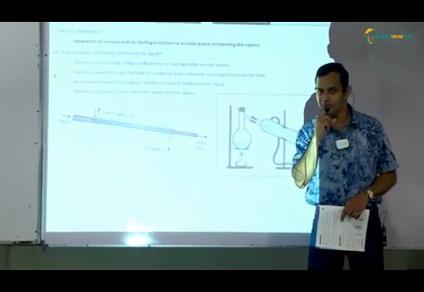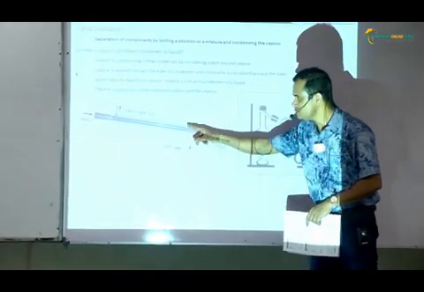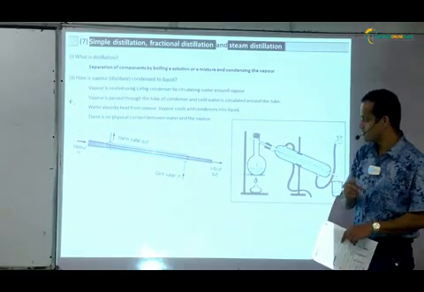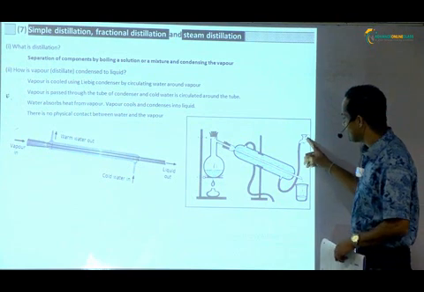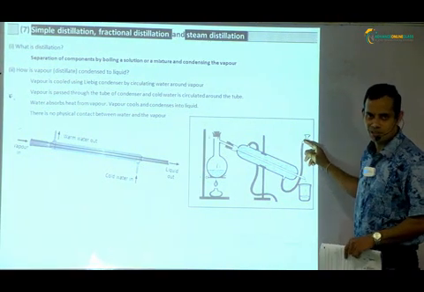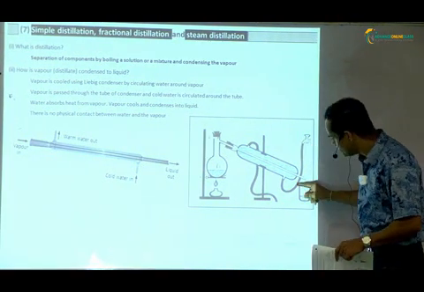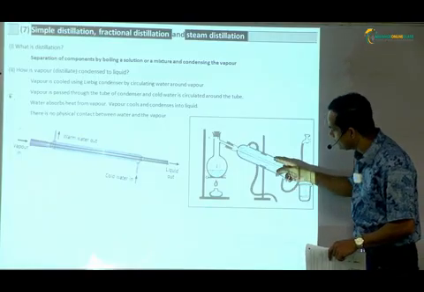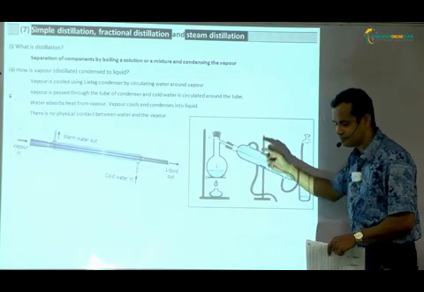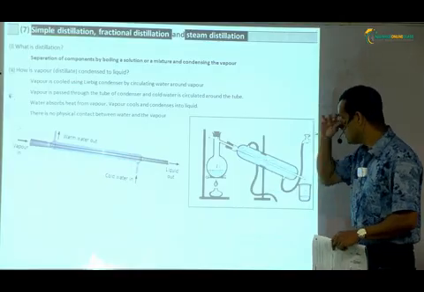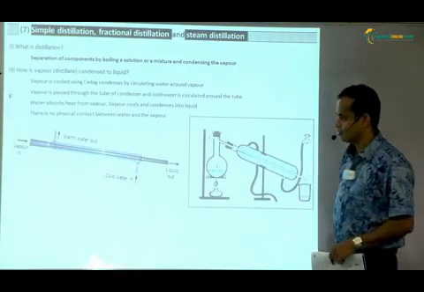Around this inner tube, water is placed. Actually, water is circulated by supplying normal water or cold water from this end, and taking hot water out from that end. Then this water can absorb heat.